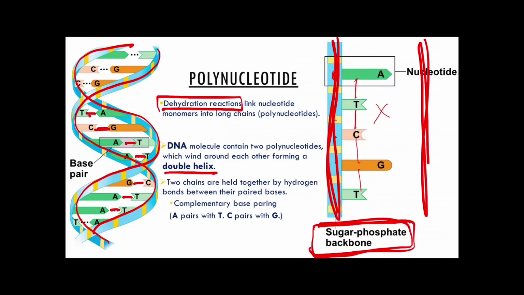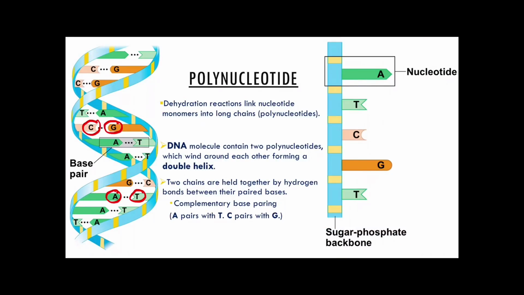So they make this interaction with the opposite side, hydrogen bonds. So A pairs with T and C pairs with G. هذا النوع من البيرنج نسميه complementary base pairing. Complementary يعني مكملة، يكملون بعض.